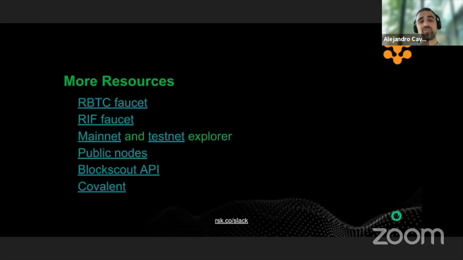Here are some resources about what a developer will need, like the RBTC faucet. If you want to test, obviously we have a testnet, and you will need test RBTC to send your transactions. If you want to have test Reef token, here you have the faucet, obviously the mainnet and testnet explorer, and the public nodes.